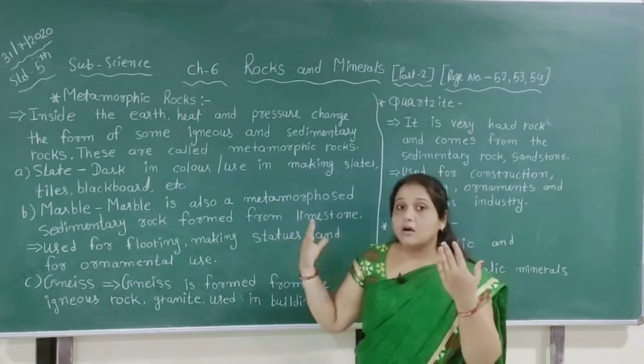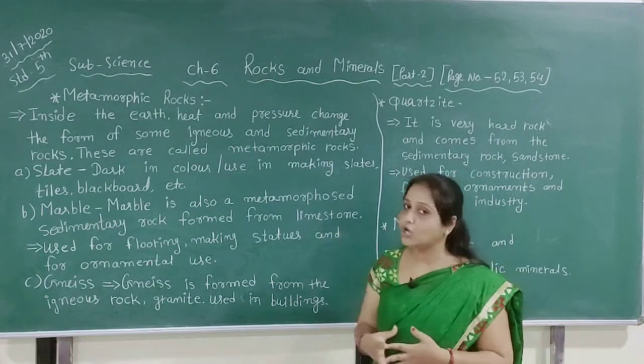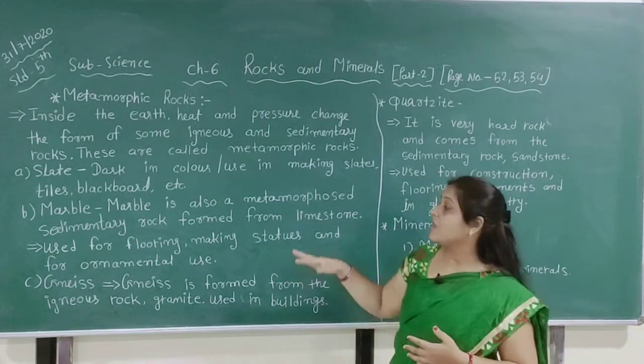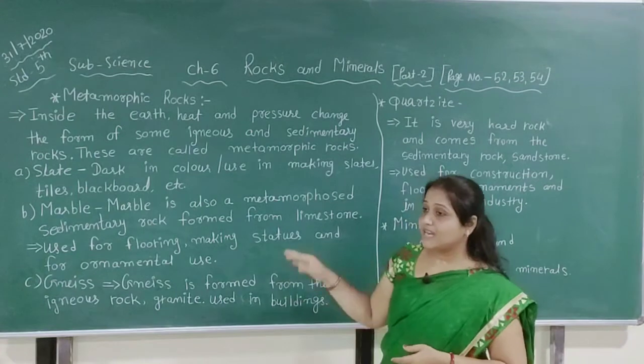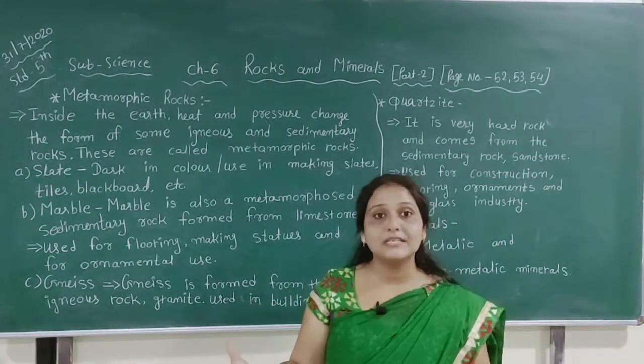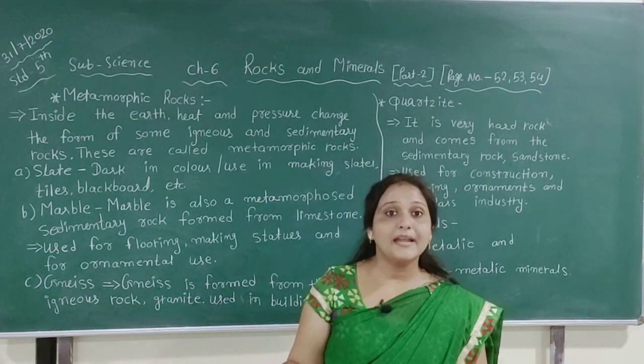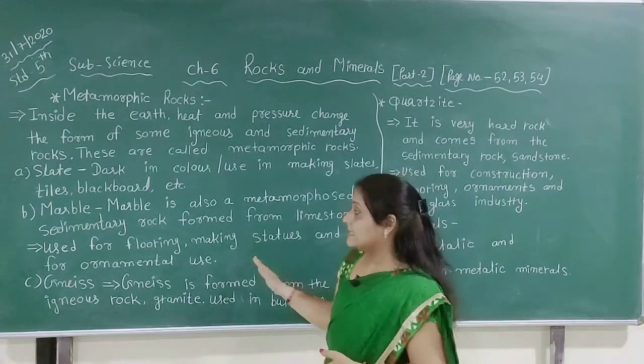Marble can be formed from limestone. We have also discussed limestone in our previous session. So marble is formed from limestone, and marble is used for flooring. Flooring means we use different types of tiles. We can see the tiles at our home and at many other places.